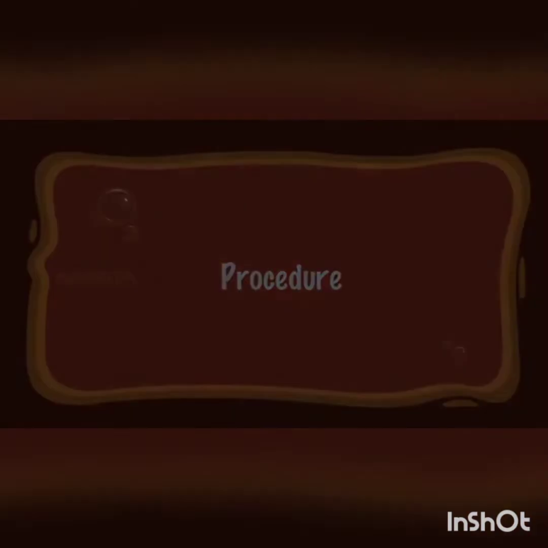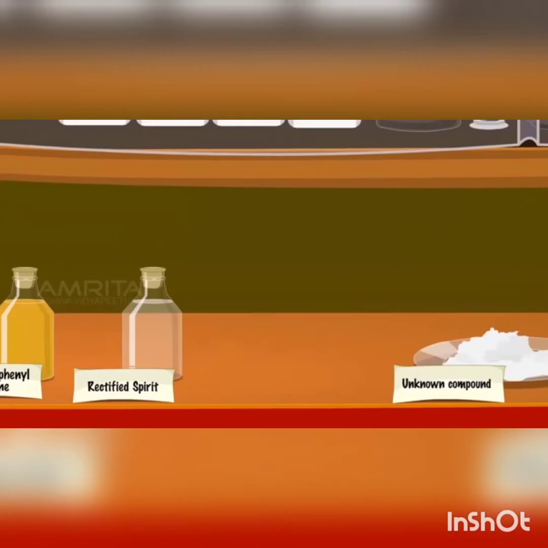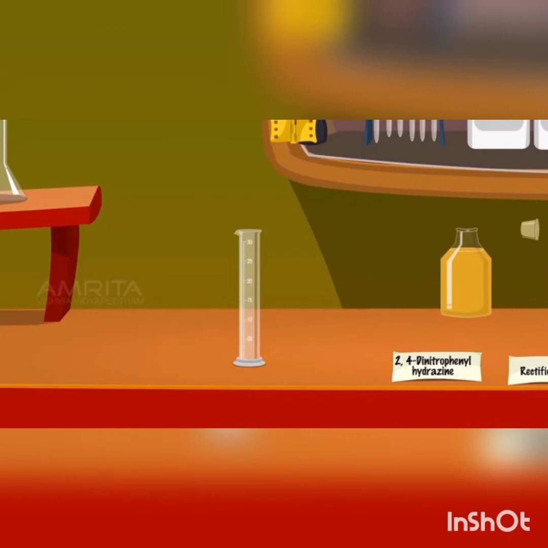Procedure. Take a spatula. Take some given unknown compound and add it to a dry test tube. Take a dropper. Add some drops of rectified spirit until the compound just dissolves. Take 5 ml of 2,4-dinitrophenylhydrazine solution in a measuring jar.